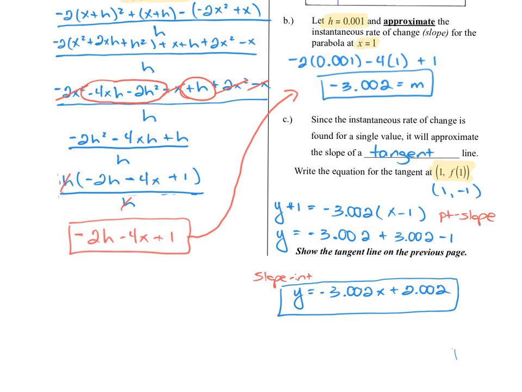For those of you who might not be my students, if you have graphed out that previous parabola, you can sketch that and plot this graph, and you will see that it does look like it's tangent to that downward turning parabola.